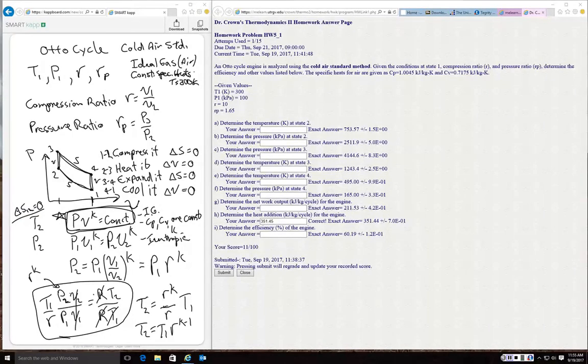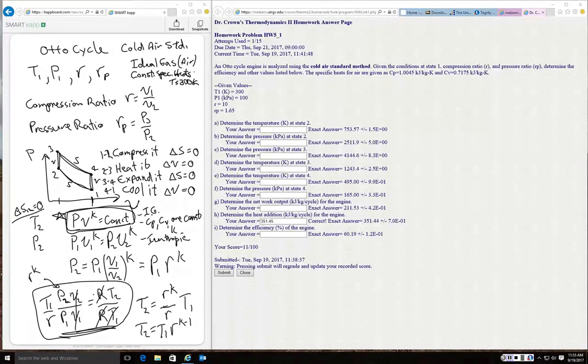And the advantage of doing this is if the first process is something different, not an isentropic process, then I just use the appropriate equations and derive what I need. But I will always use the relationship like Px Vx equals R Tx, and then divide by Py Vy equals R Ty for every single step of either the air standard or the cold air standard. So that's a good way to proceed.